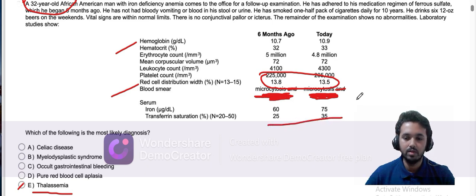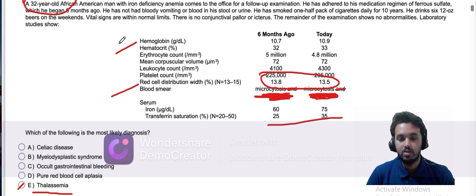And there are a lot of hints that this patient has thalassemia, because this patient came from African American descent, and this patient's condition is not improved after taking ferrous sulfate for 6 months. So the take-home message of this question is that you should look at the RDW to differentiate thalassemia from iron deficiency anemia.